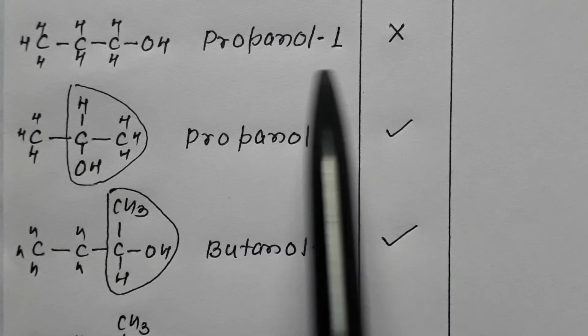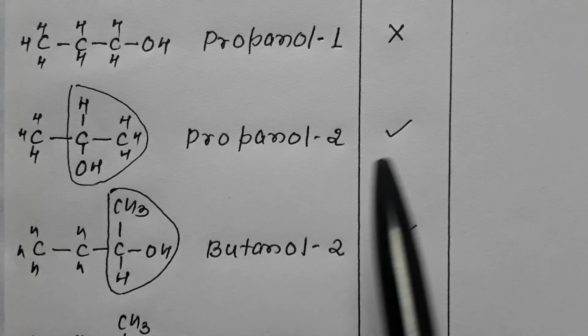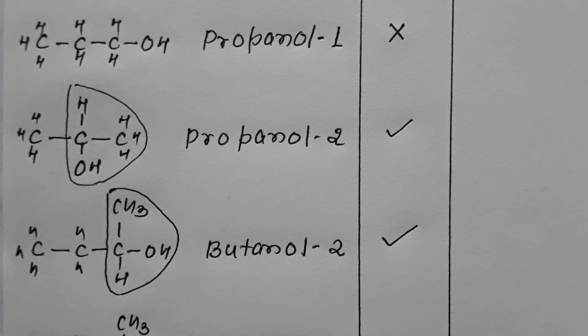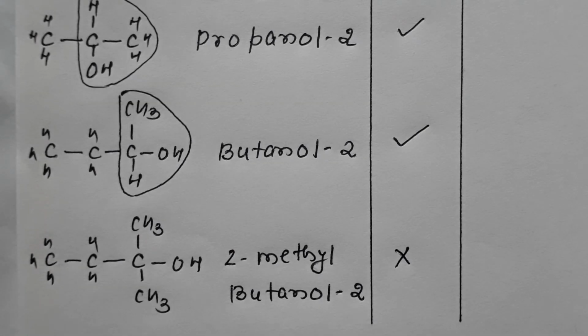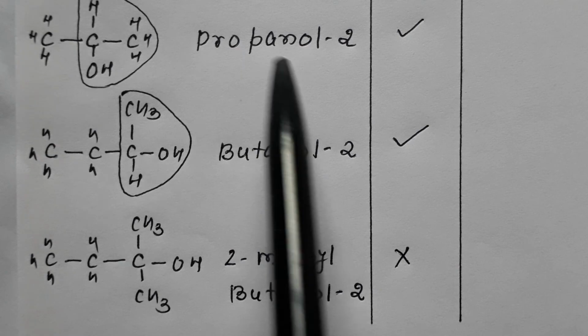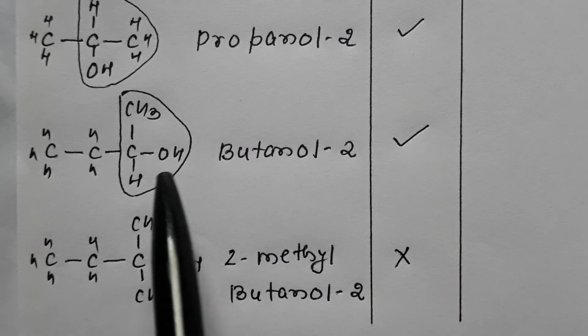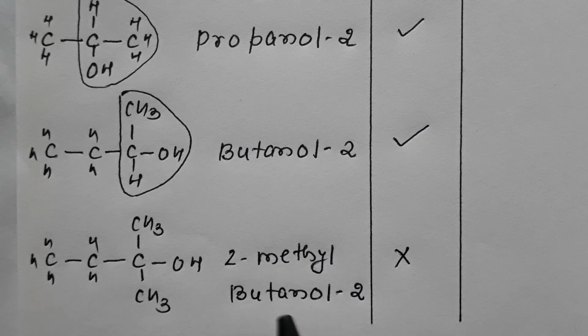Propanol 1 will not, propanol 2 will, and butanol 2 will. Now this compound is 2-methyl butanol 2. It does not contain the required group, therefore it will not give the test.